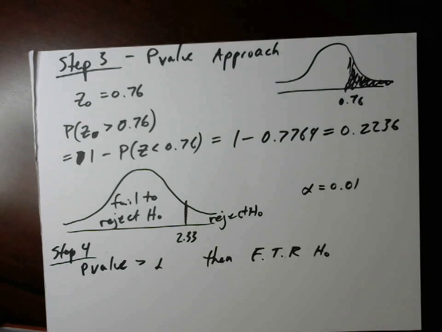Now let's go to an example of a hypothesis test of mu, our mean. Hopefully we don't find another example of a right tail test. Let's see here.